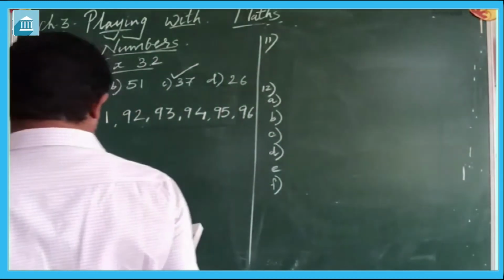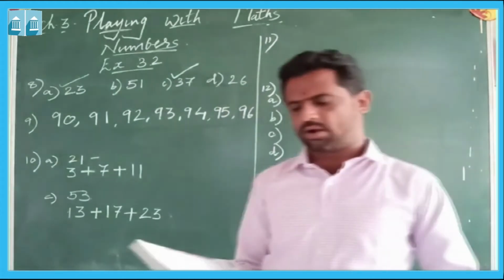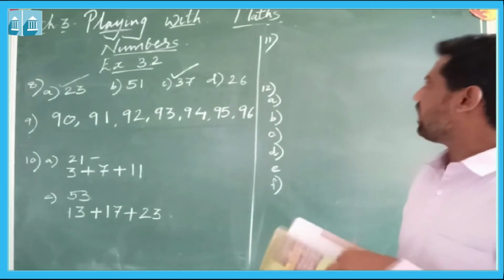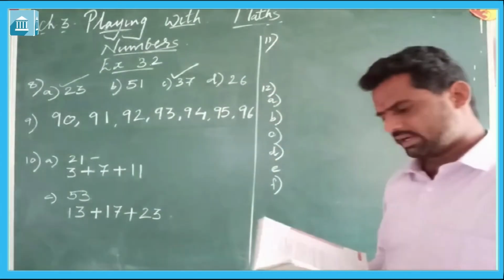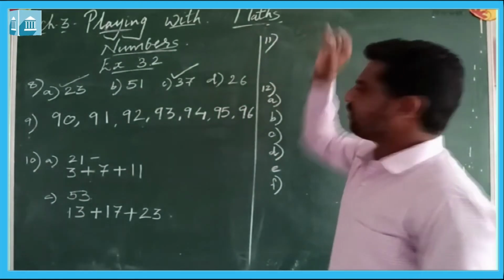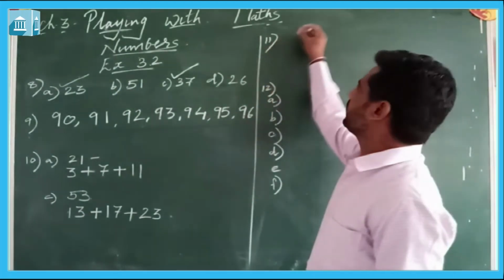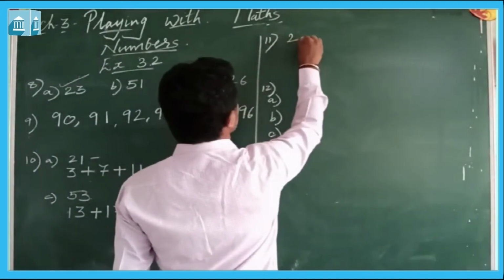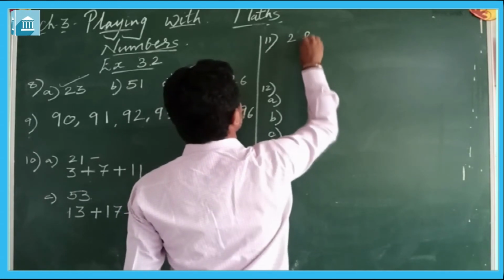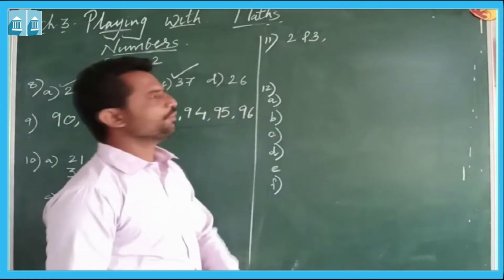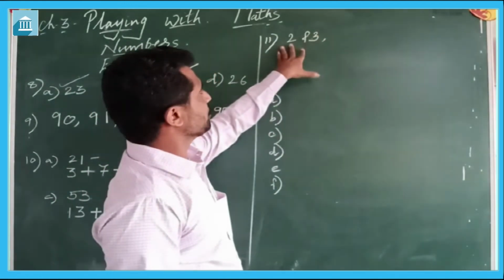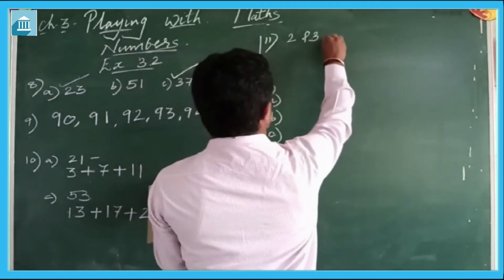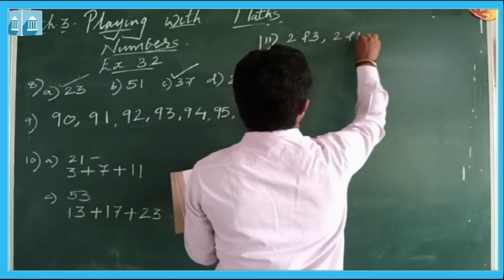Now let us see question number 11. Write 5 pairs of prime numbers less than 20 whose sum is divisible by 5. We have to find out 5 such pairs of prime numbers. If you add them, the sum should be divisible by 5. For example, 2 and 3. If you add 2 and 3, it will be 5, and it is divisible by 5. Another can be 2 and 13.